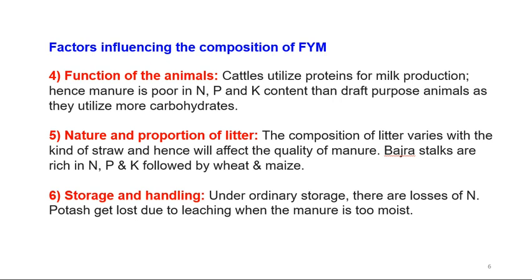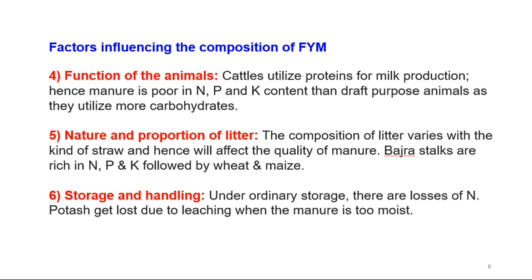Function of the animals. Cattle utilize proteins for milk production. Hence, their manure is poorer in nitrogen, phosphorus and potassium content than that of draft purpose animals, as they utilize more carbohydrates. Nature and proportion of litter.